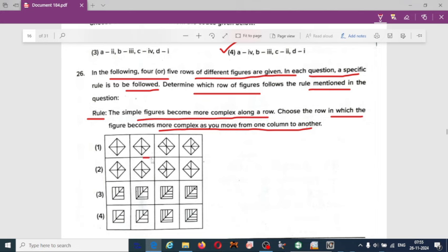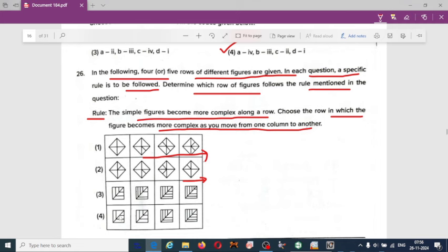If you go in this row, and if you go for option 2, if you see the number of lines here, that you can easily distinguish. That is also not so complicated. If you observe carefully option 3, the number of lines from first to second, third, fourth will make for the complexity.